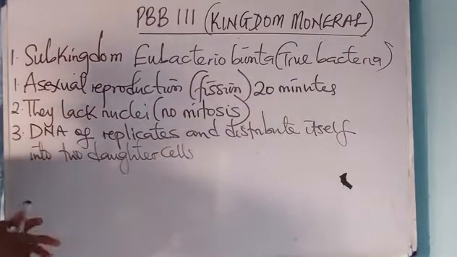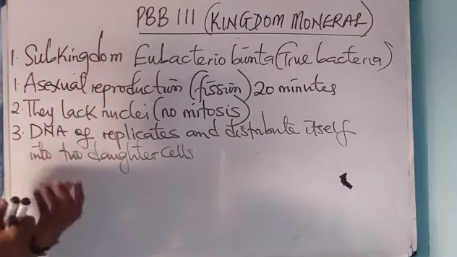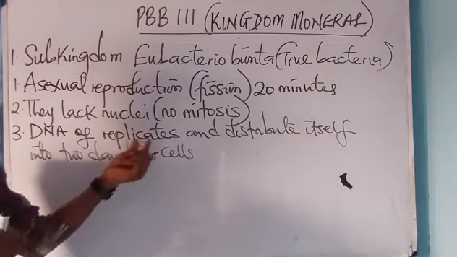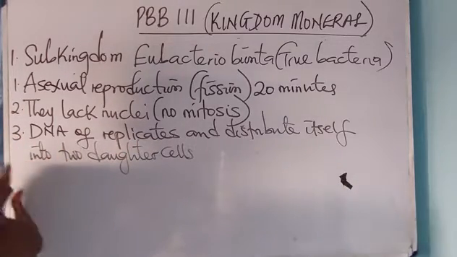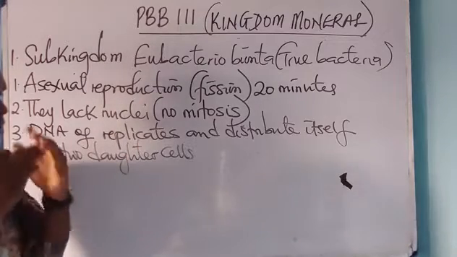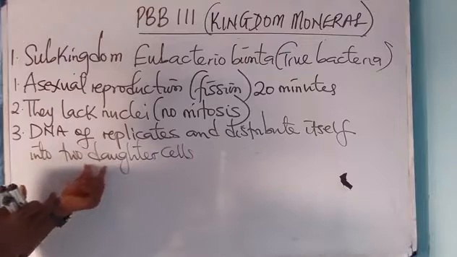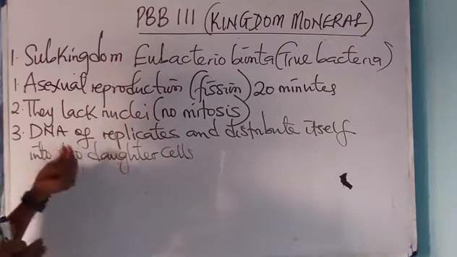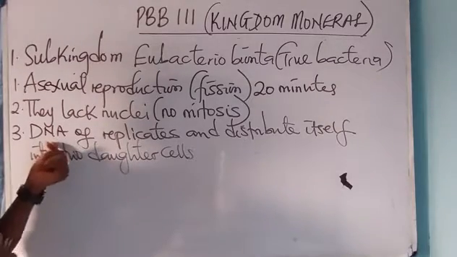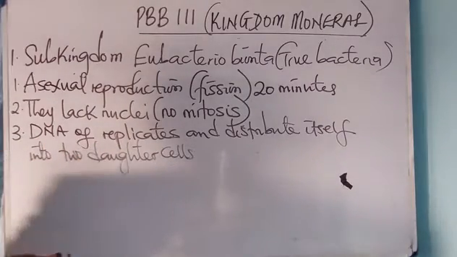Now, which means that bacteria, they reproduce through what? Replication. Their DNA has the ability to what? Double itself, that is, replicate, and distribute itself into what? Two daughter cells, which means that two daughter cells are produced during the replication of the DNA of the bacteria. Please take note of that.